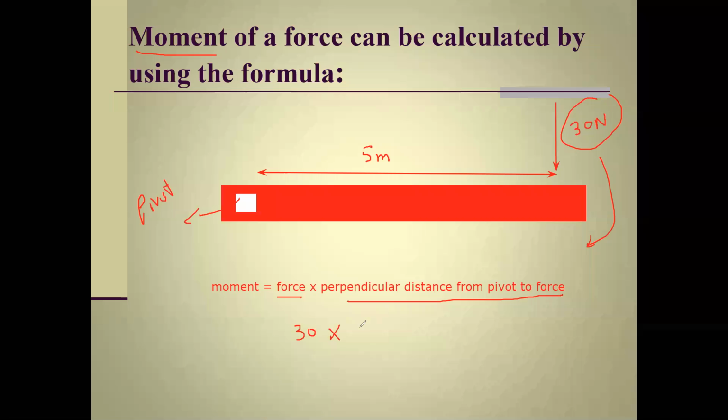So 30 multiplied by 5: 3 multiplied by 5 is 15, so it will be 150. What is the unit of the force? The unit of the force is Newton. And what is the unit of distance given in the question? It's meter. So it is 150 Newton meter. But one thing is missing here, because moment is a vector quantity, so we have to specify a direction.